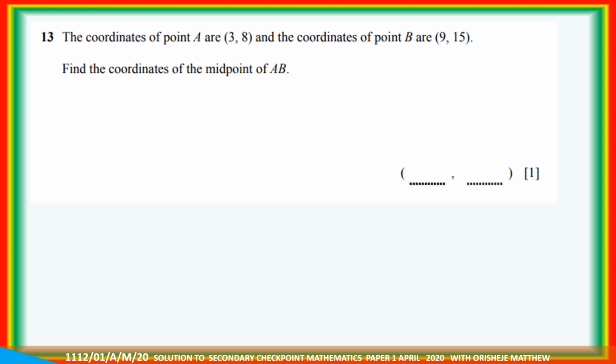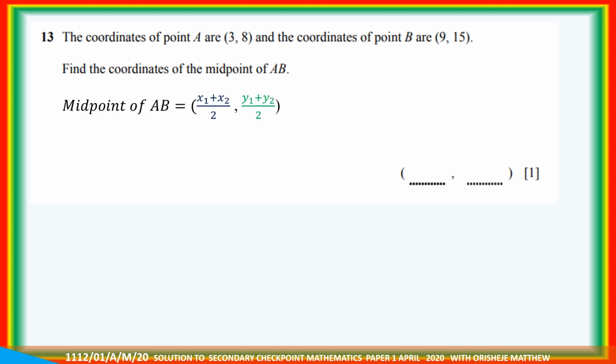The coordinates of point A are 3, 8, and the coordinates of point B are 9, 15. Find the coordinates of the midpoint of the line AB. So here we use the midpoint principle.